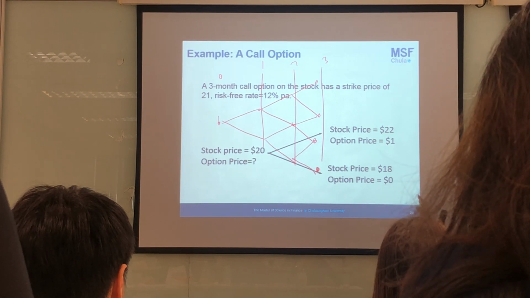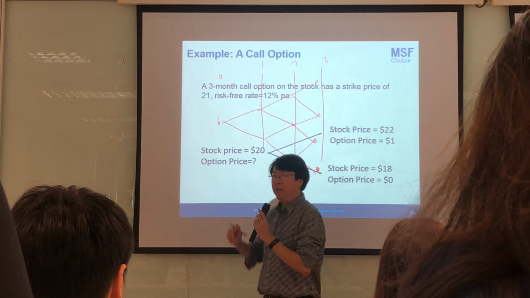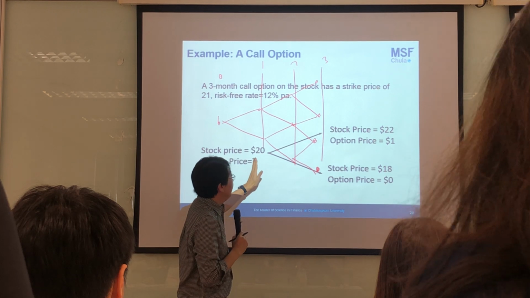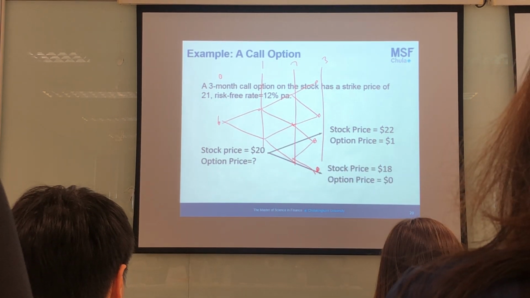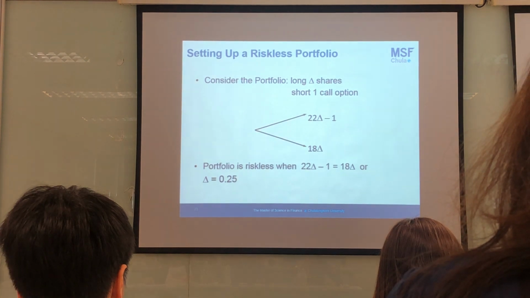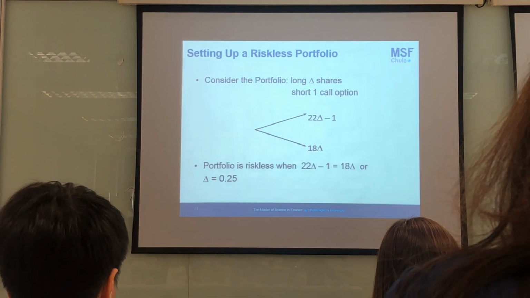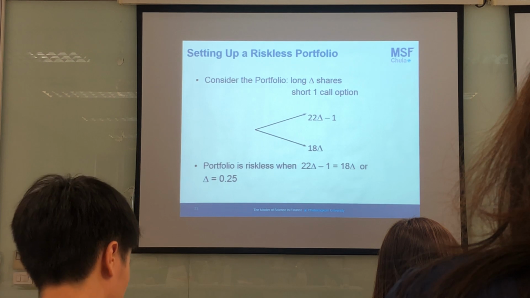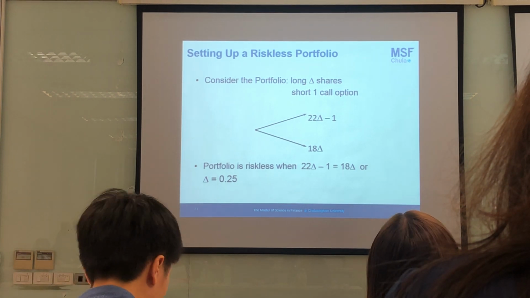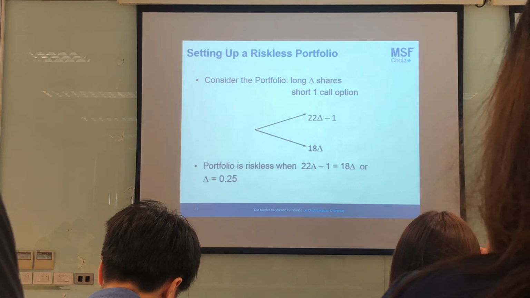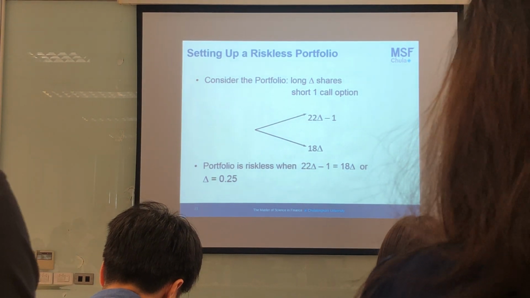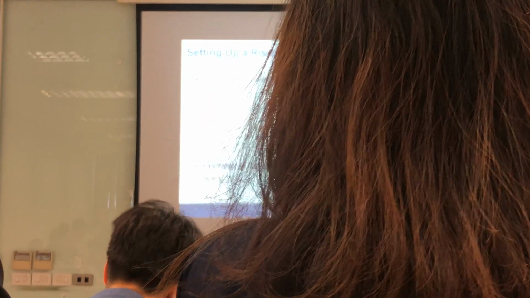What about the value of the option today? We will have a look. In order to determine the value of the option today, let's consider this portfolio. Suppose that you construct a portfolio that consists of buying delta shares.